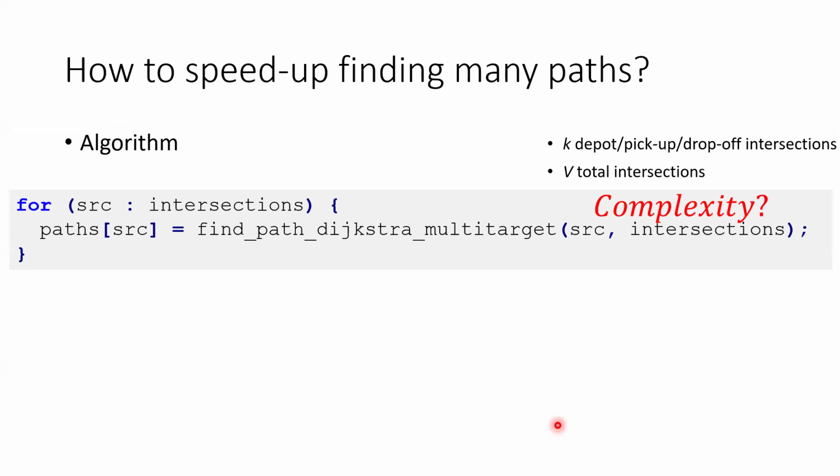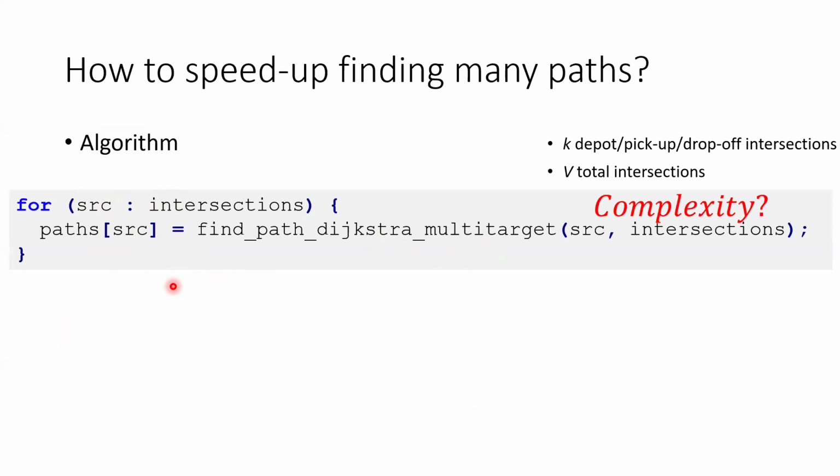So now, because we should already know that Dijkstra can run once and find the path to all of the destinations for one source, instead of A star, we can just run Dijkstra multi-target on all of the sources. This is significantly faster.